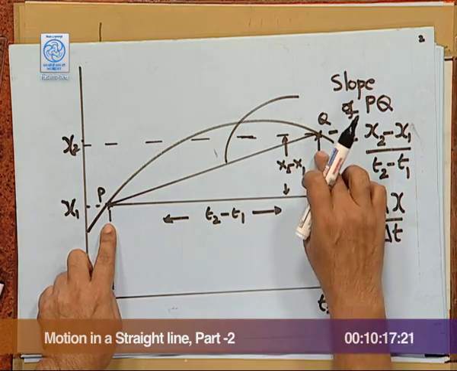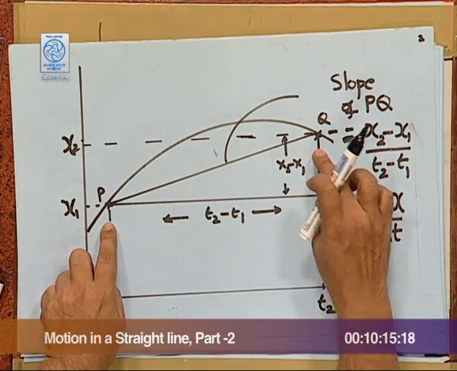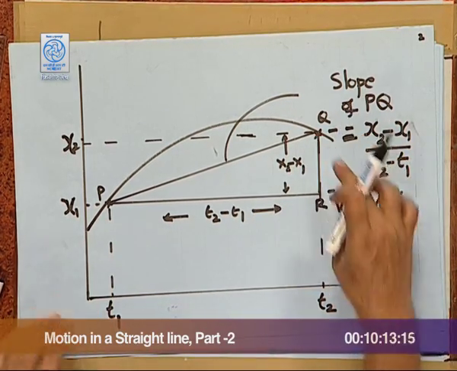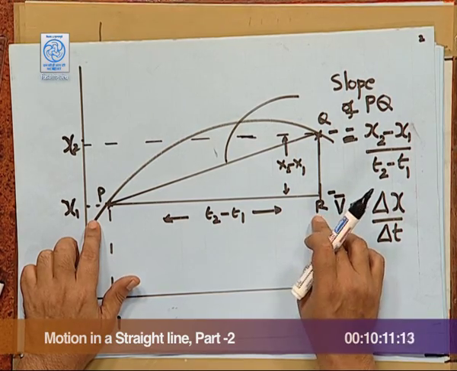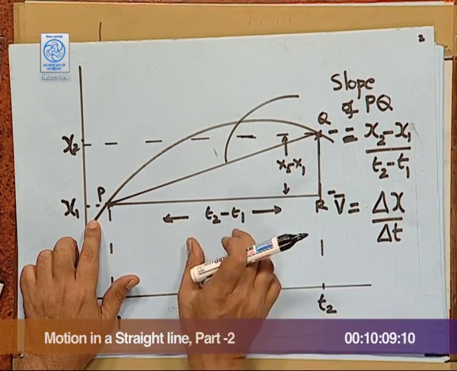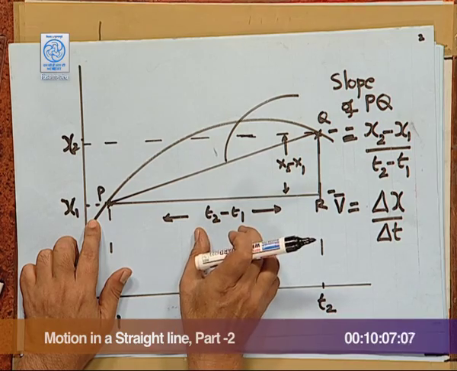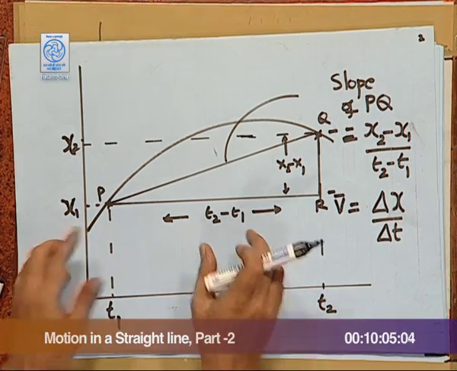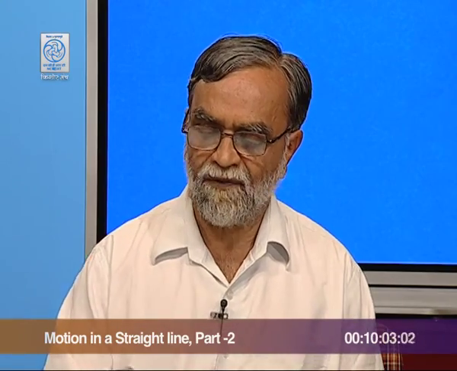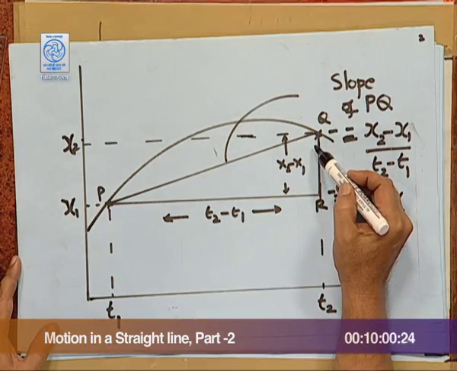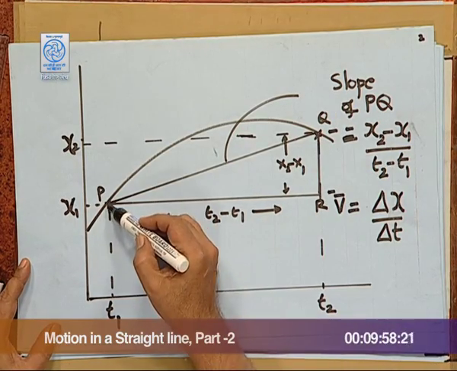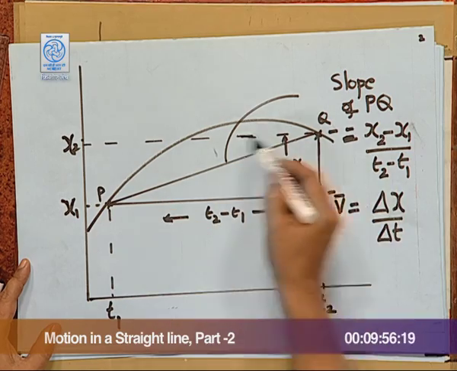The slope of this line PQ is defined as QR by PR. Here it is x2 minus x1 divided by t2 minus t1. We call this the slope of the line PQ, which is joining the points P and Q along the curve.